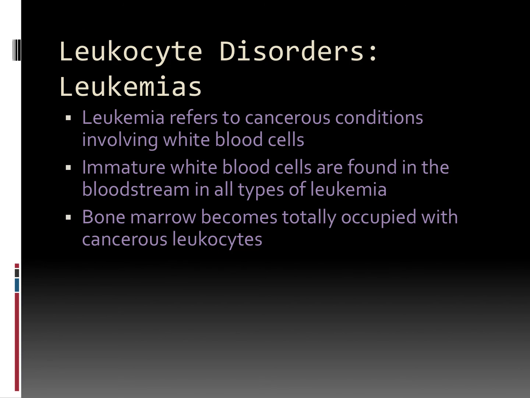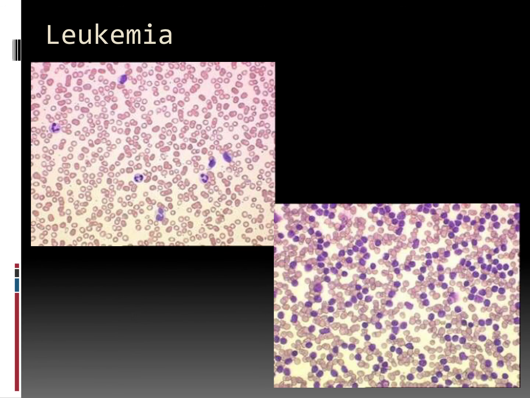So you're not making those protective cells that the body needs to defend against disease, but instead these non-functional white blood cells. Here you can see this is a normal blood smear, just a few white blood cells. And here, the picture on the bottom, you can see lots and lots of white blood cells, but notice they just look kind of blobby, rather than being differentiated like the functional ones look like.